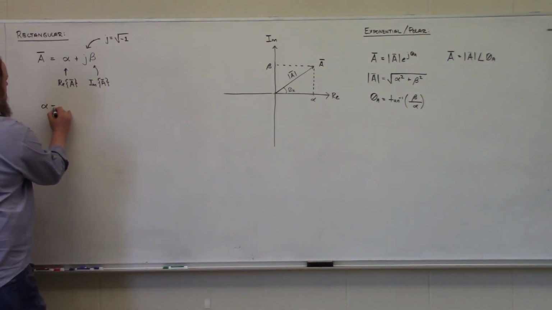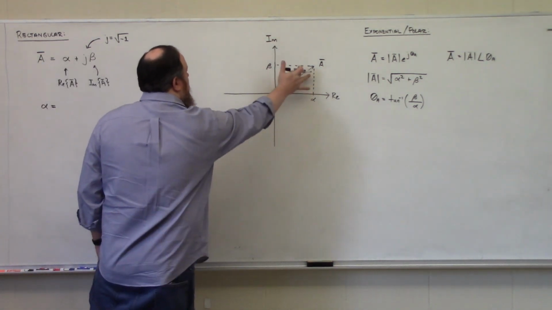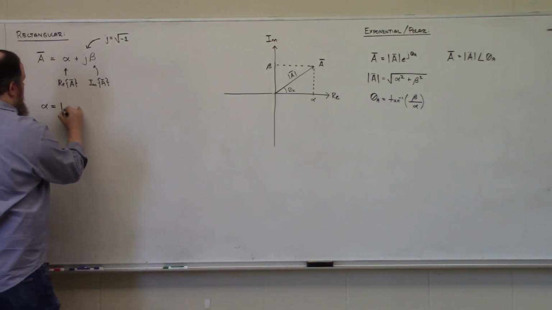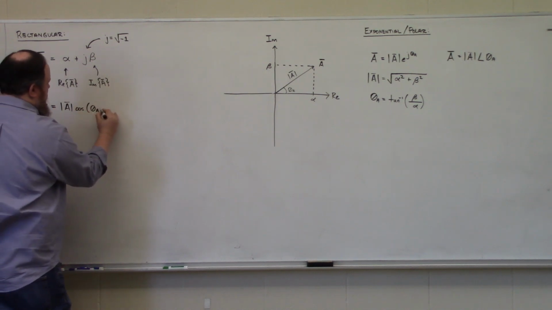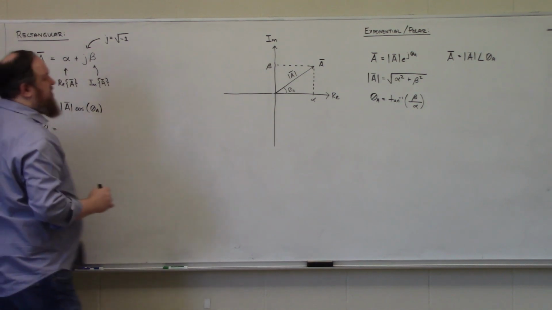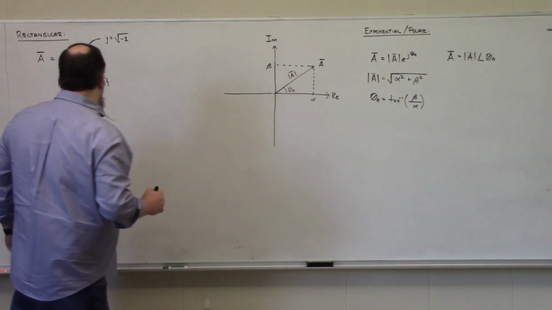Alpha, again, is the projection of the complex number A onto the real axis. So that would be the magnitude of A cosine angle theta A. And beta is the projection of our complex number A onto our imaginary axis.